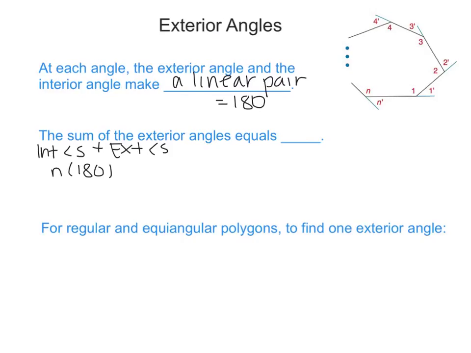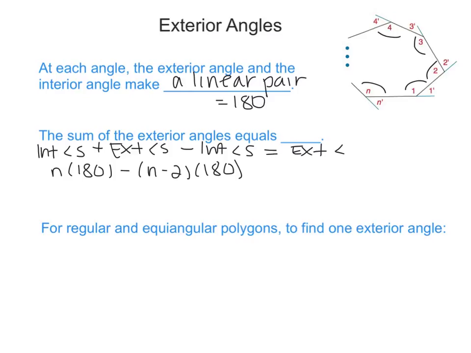And then I take away the interior angle measures. So that, we know that from before, that's the n minus 2 times 180, right? Because that's going to give me the sum of all of these guys in here. And then that's going to leave me with the exterior angles.